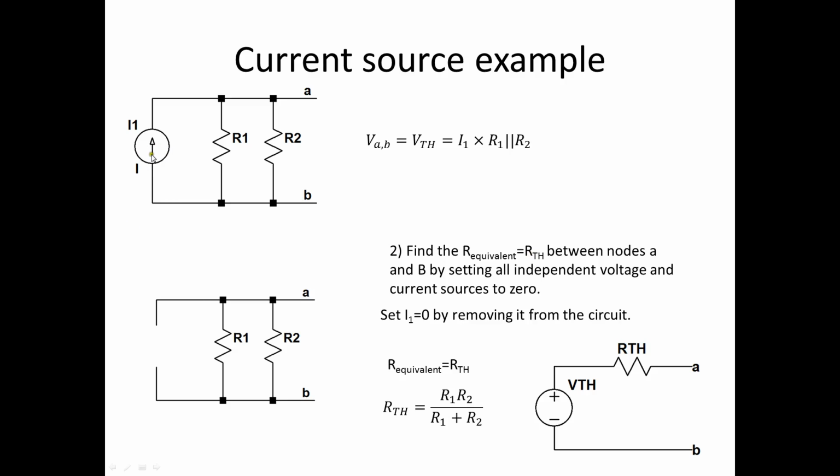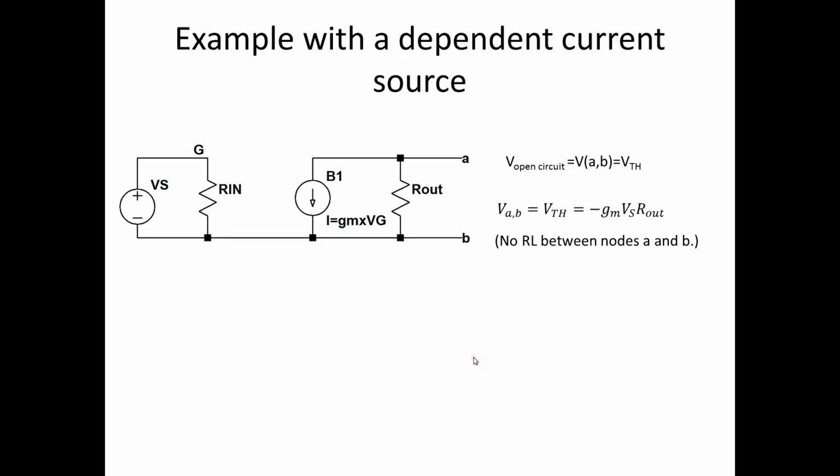How do we set a current source to 0? We take it out of the circuit. Now this node is disconnected, and R1 and R2 can be easily recognized as being in parallel. So R Thevenin is R1 times R2 divided by the sum of R1 and R2.